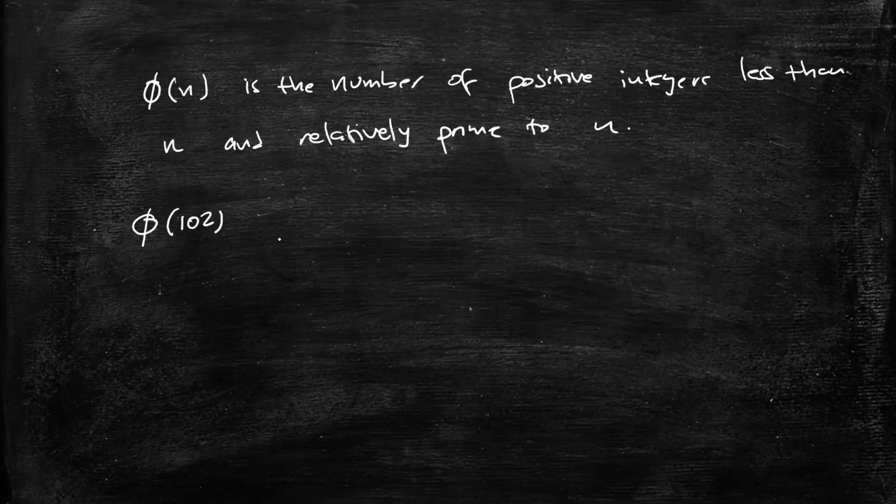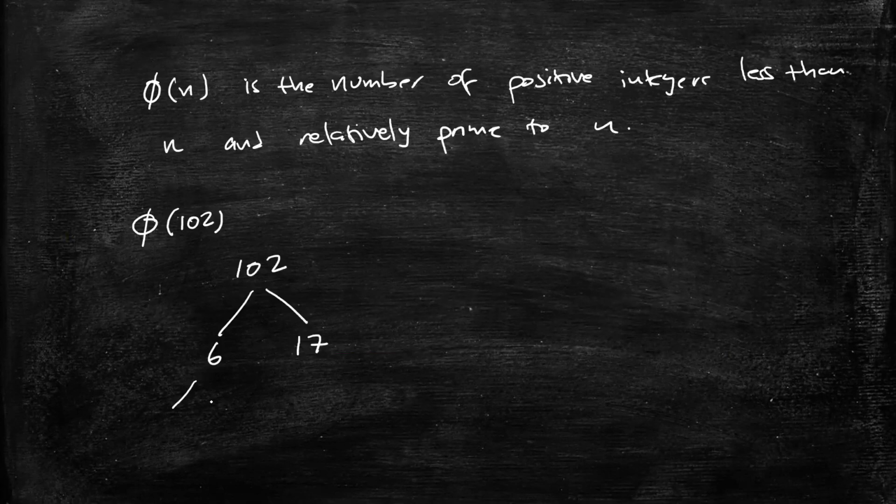So how do we actually, first of all, find those relative primes? If we take the number 102, for example, we can actually see that it has two factors, 6 and 17, right?